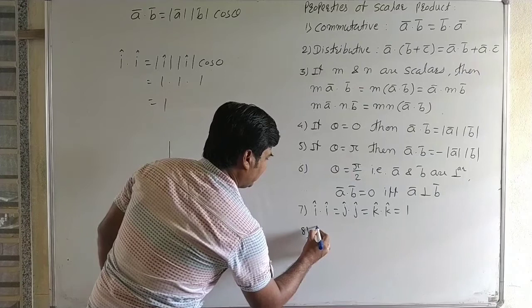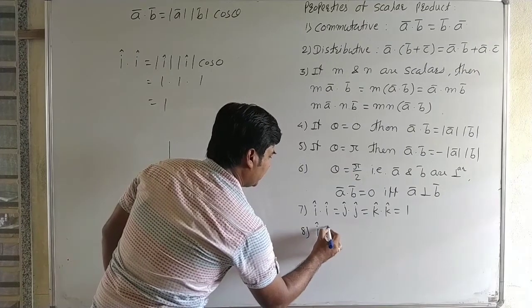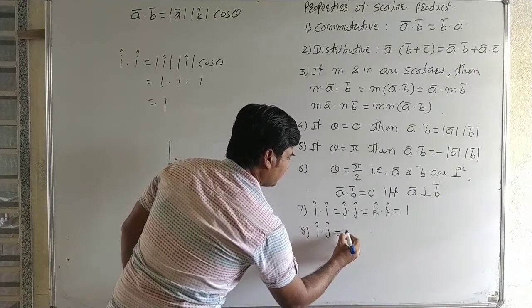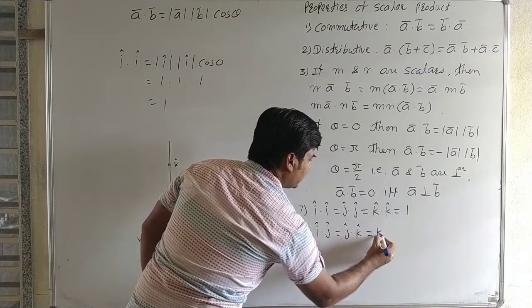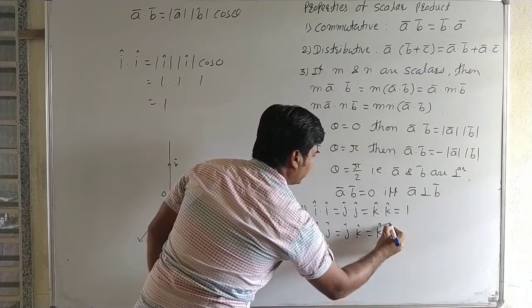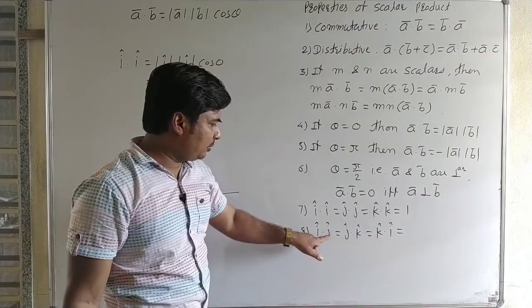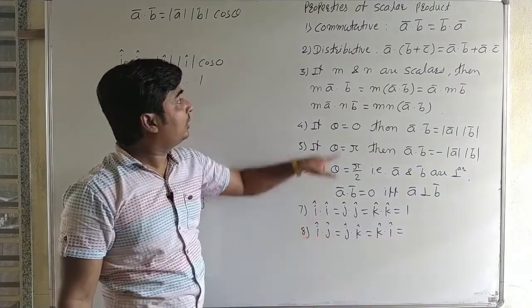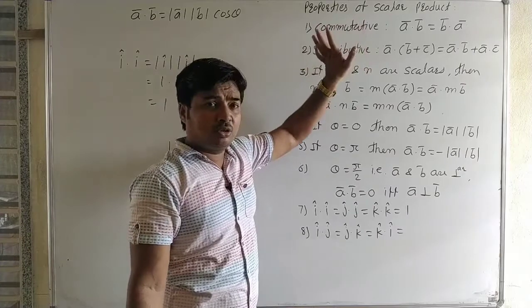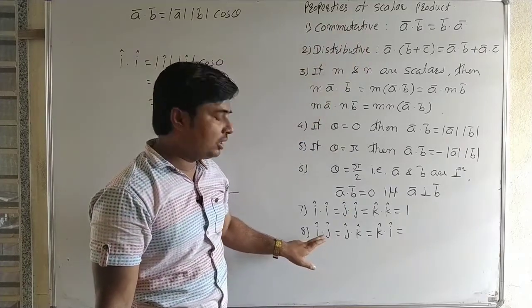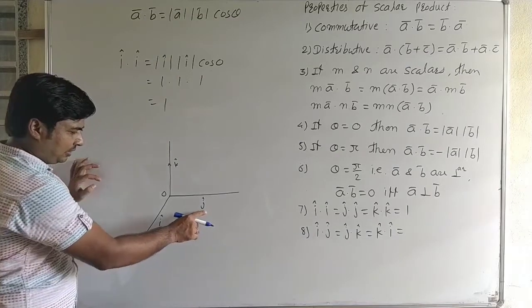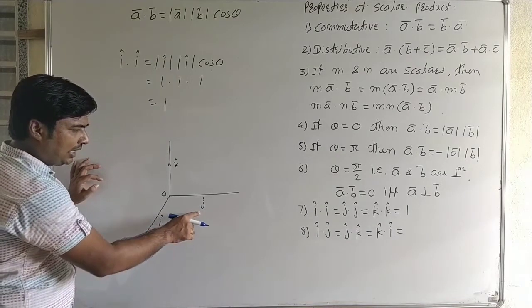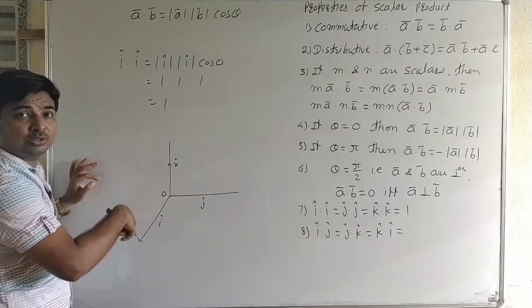And I cap dot J cap, J cap dot K cap, and K cap dot I cap. Here, I cap dot J cap or J cap dot I cap, the dot product is commutative. Here we know that the vectors I cap and J cap are perpendicular to each other.